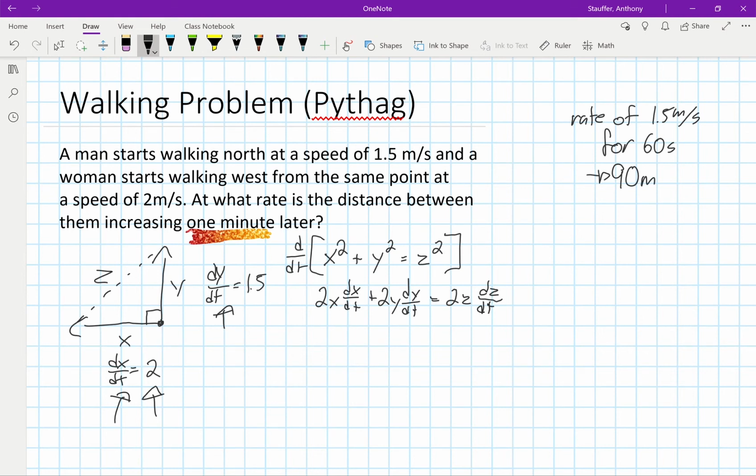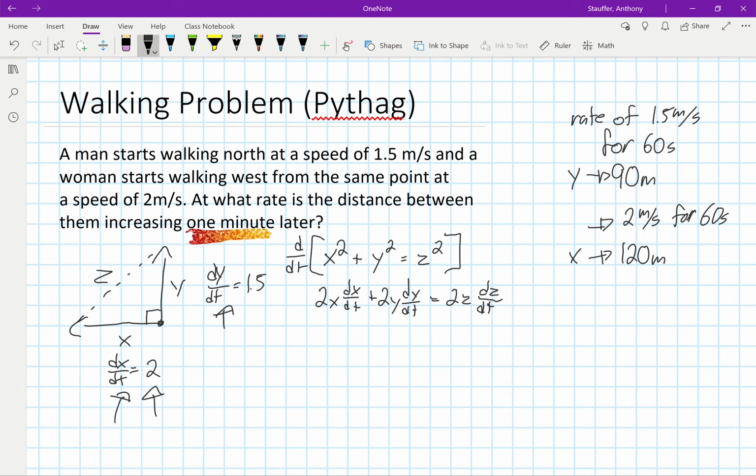Subsequently, if we're walking at a rate of 2 meters per second for 60 seconds, that's going to give us a total of 120 meters that's covered. So that's telling me that my y is going to be 90 and my x is going to be 120 meters.